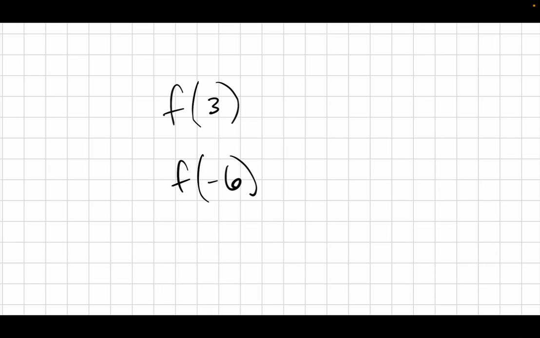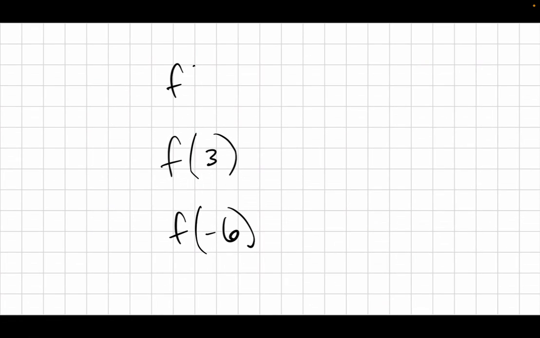So if I had something like this, how would I figure out what these two guys are? Use ABC. What's the first thing I would do? ABC. Plug it in. That's what it is, right? It's just saying plug in when x is 3, what do you get? When x is negative 6, what do you get, right?